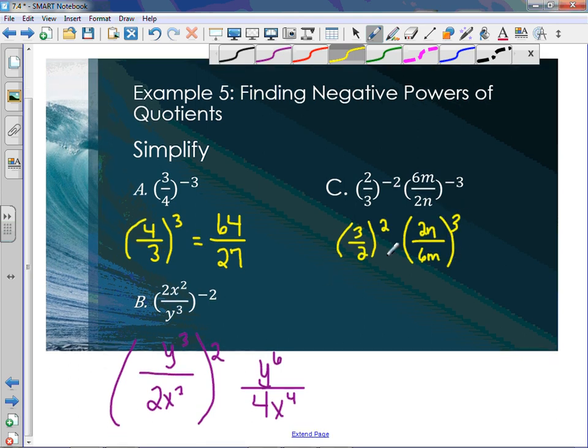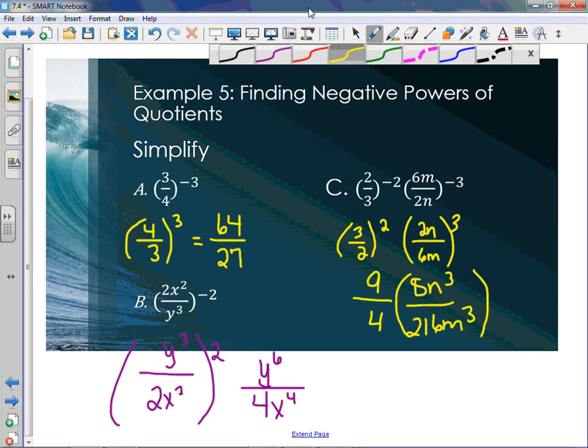All right, 3 squared is 9, 2 squared is 4, 2 to the third, 2 times 2 times 2 is 8, n to the third, 6 to the third, I hope I'm right, is 216, m to the third. All right, unfortunately, we're not done, and we can do some cross-canceling here.